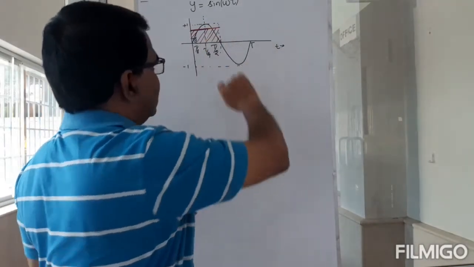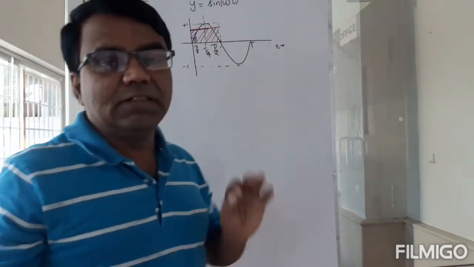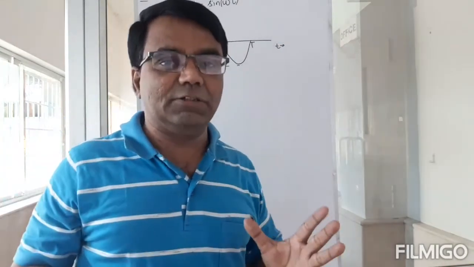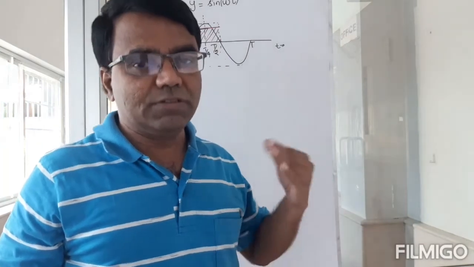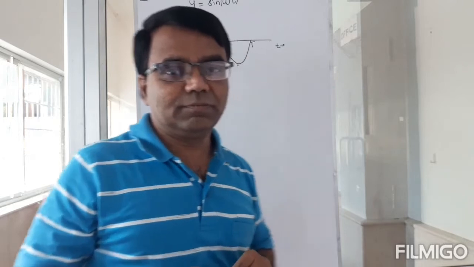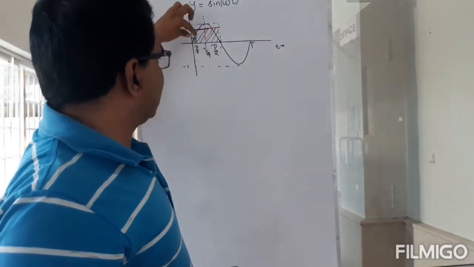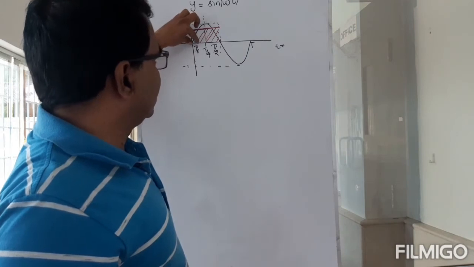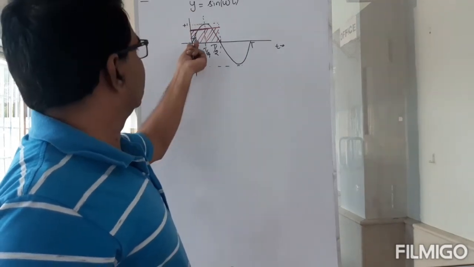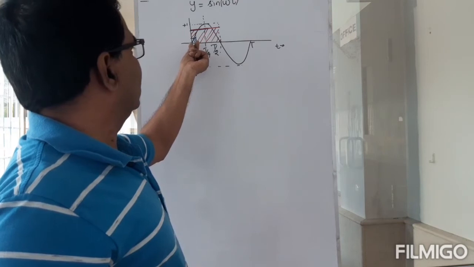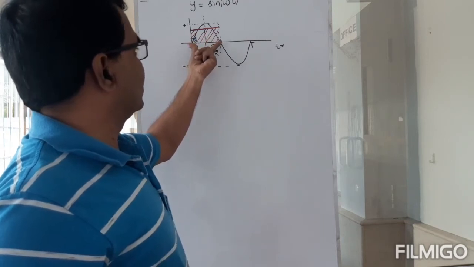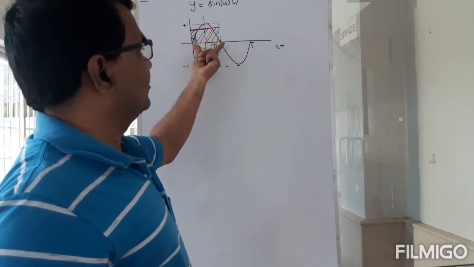If the area is 0, then if you divide it by the time, the mean value will also be 0. Notice how it changes. The mean value had some number over this time frame, a different positive number over this time frame.